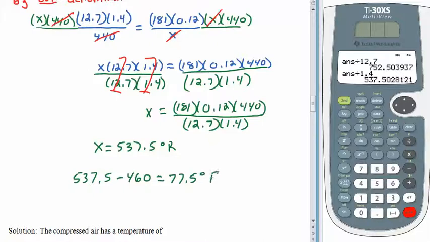And those are degrees Fahrenheit. There. All right. That's really about as bad as it gets. There is no more difficult algebra than that. We just have to make sure that we're using absolute values for pressure and absolute values for temperature, and it works out pretty nicely.